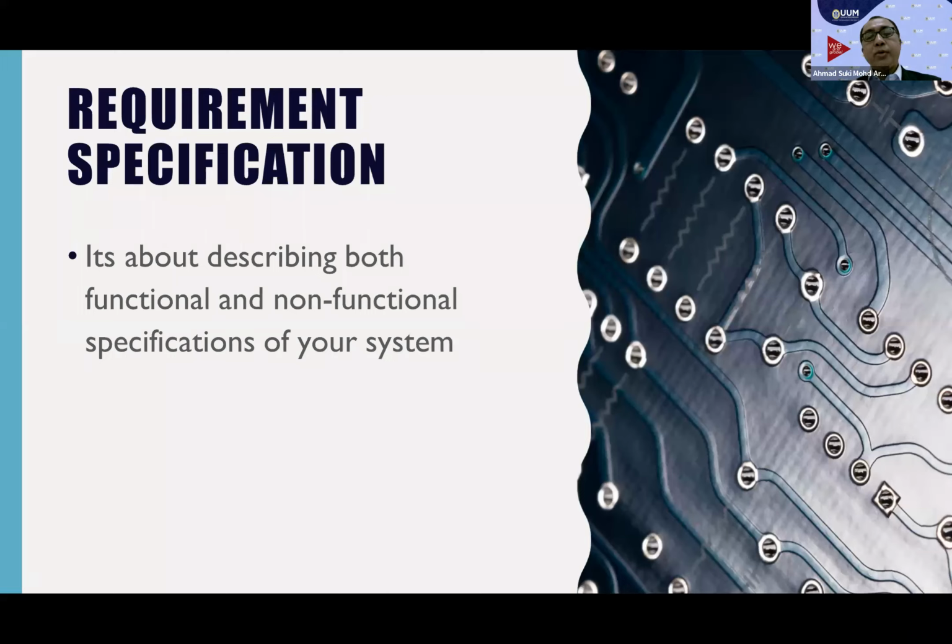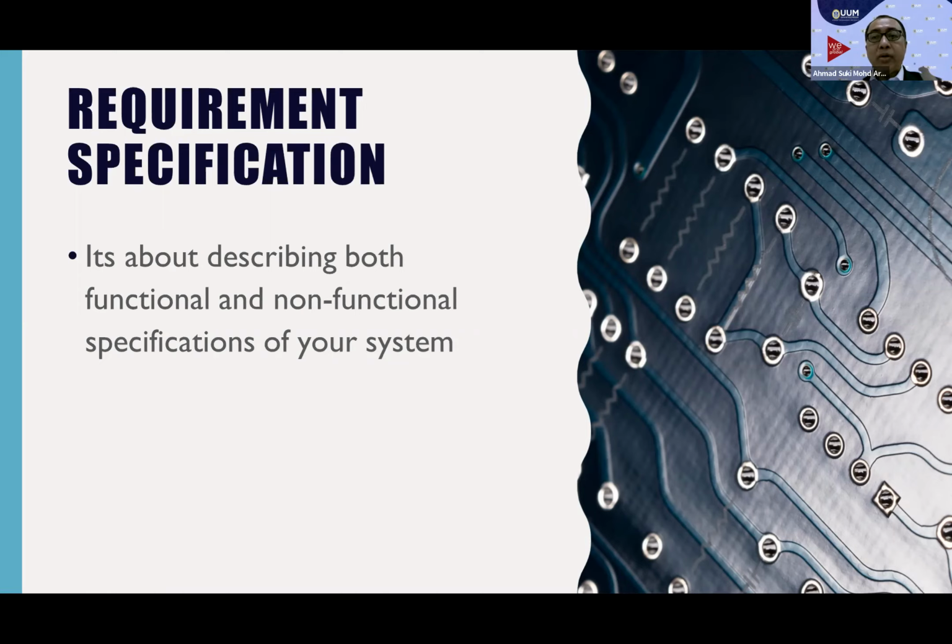This stage, what you have to do is about requirement specification. For me, requirement specification is very simple, I mean simple in terms of definition, where in this stage you are going to list your system functions, all the functions that you are going to develop in your project, either it is functional specification or non-functional specification.